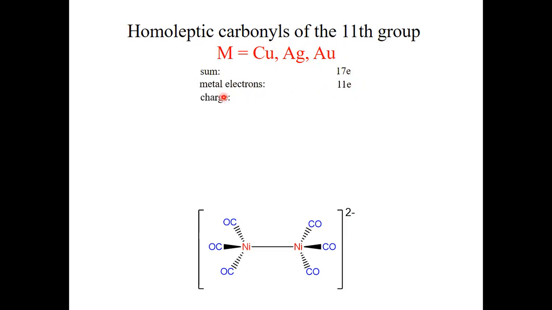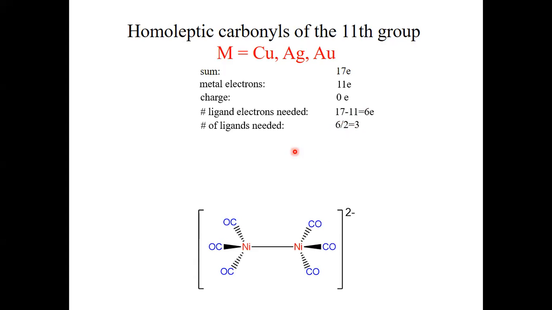So how many do we need, given that the charge is 0? How many electrons? Well, that's 17 minus 11. Well, that is 6. So how many carbonyls do we need per 17 valence electron fragment? Well, that is 6 over 2, which is equal to 3.